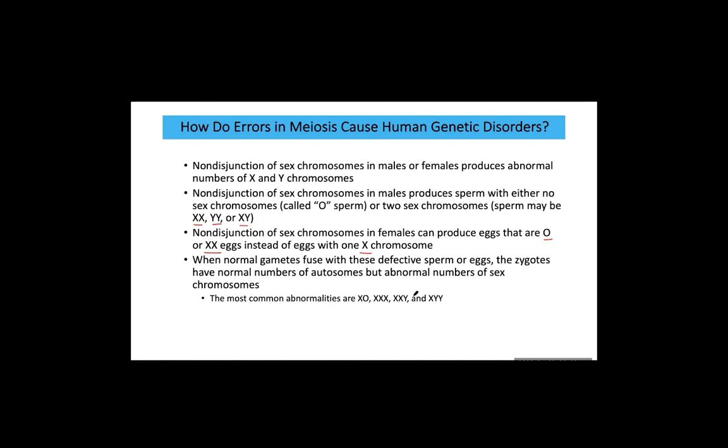When a normal gamete fuses with these defective sperm or eggs, the zygote has a normal number of autosomes but an abnormal number of sex chromosomes, because the problem occurs on the sex chromosome, not on the autosomes. The most common abnormalities are XO, XXX, XXY, and XYY.